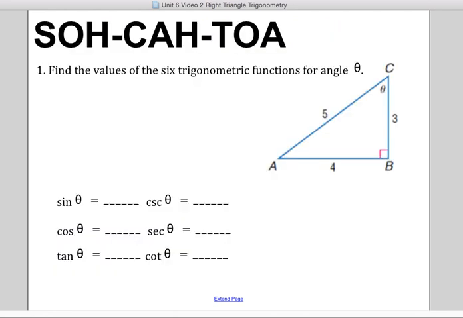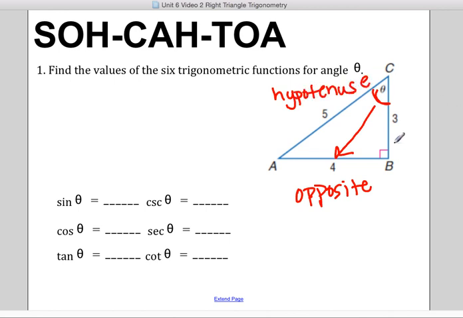So, SOHCAHTOA, find the values of the 6 trig functions for angle theta. So we're looking at angle theta. Let's just label our sides right away. If I'm looking at theta, the one always across is your opposite, because it means it's the opposite of the angle. That makes this one across from my right angle my hypotenuse. And over here I got my adjacent side.